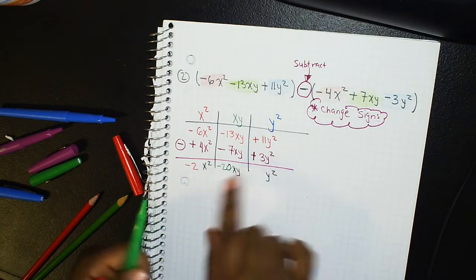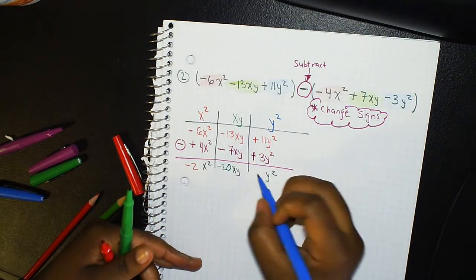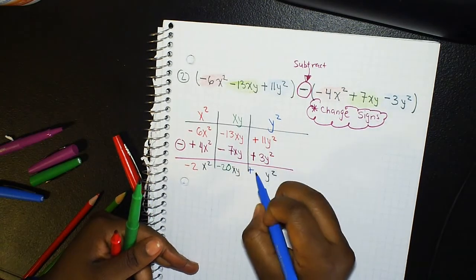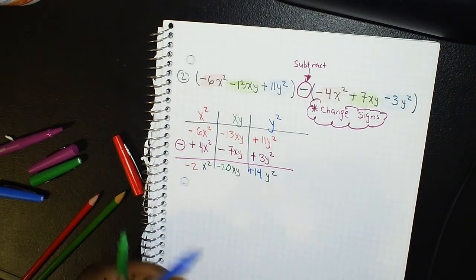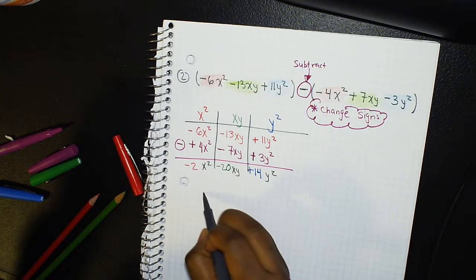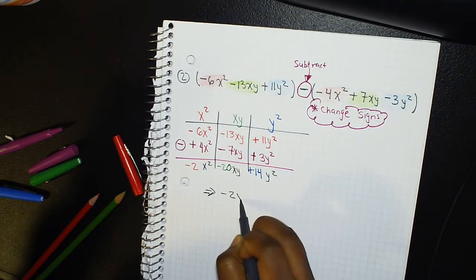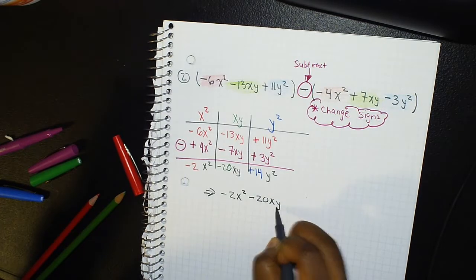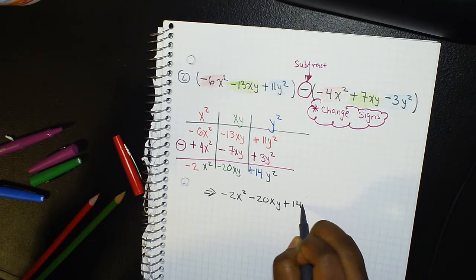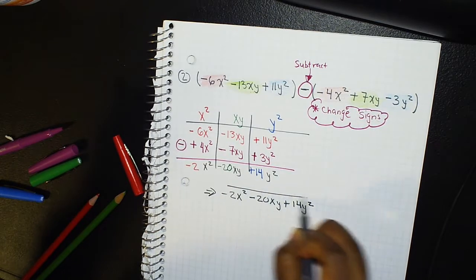And then 11 plus 3 is positive 14. So my answer is negative 2x squared minus 20xy plus 14y squared.